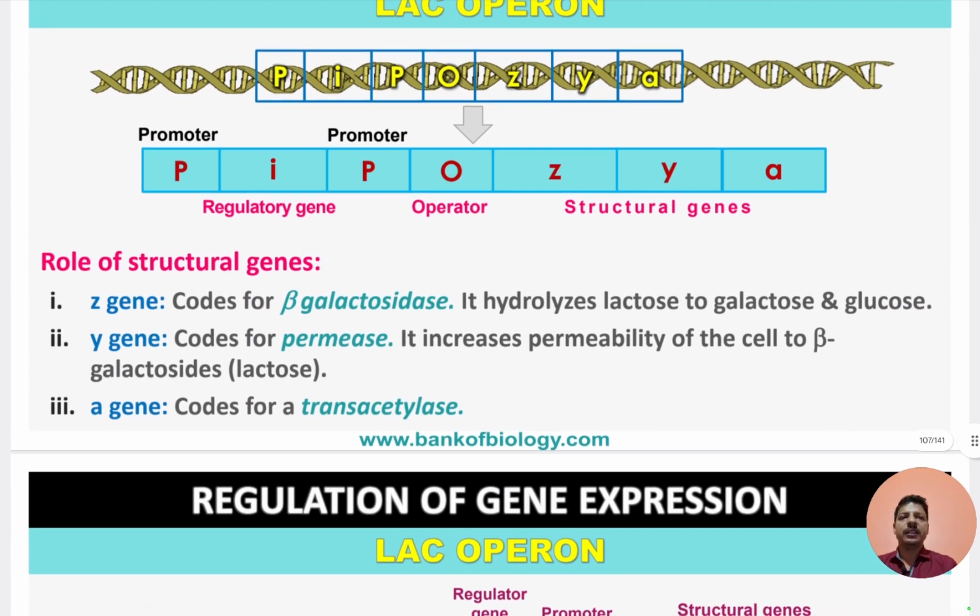Role of the structural genes: the Z gene codes for beta-galactosidase. It hydrolyzes lactose to galactose and glucose. Y gene codes for permease. It increases permeability of the cell to lactose. A gene codes for transacetylase.